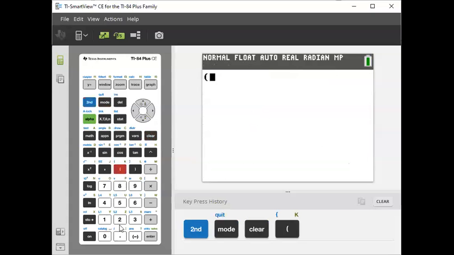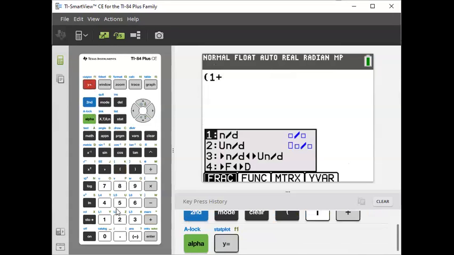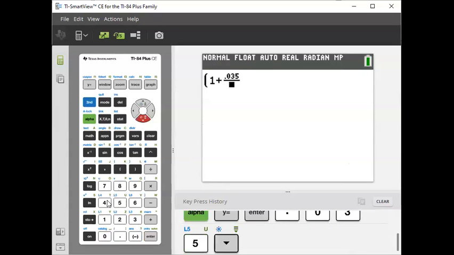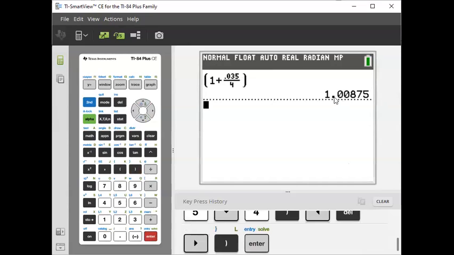And we type in 1 plus, we want a fraction, so 0.035 over 4. And it kind of gets this thing all into one number. Figures out that middle part. So 1.00875.